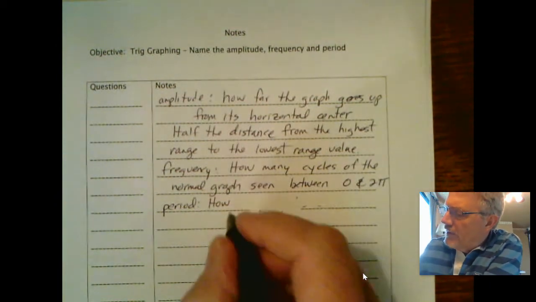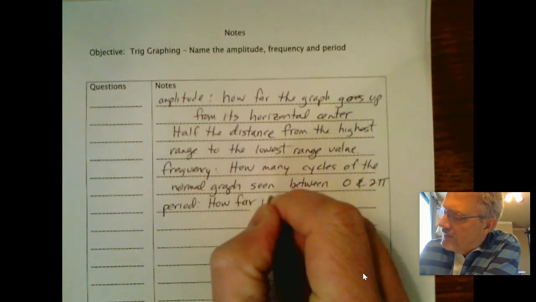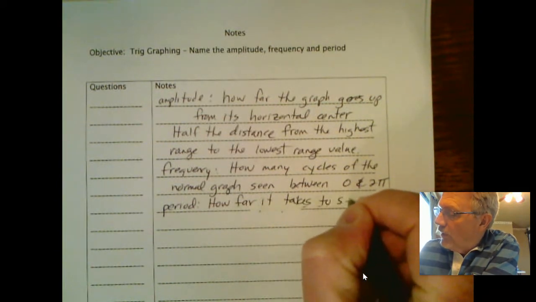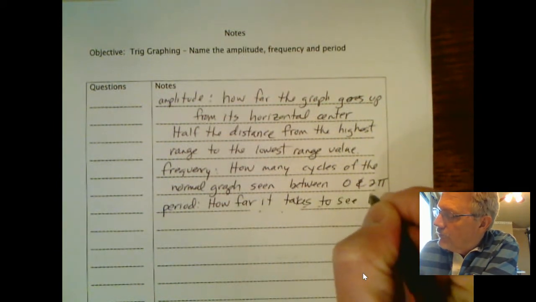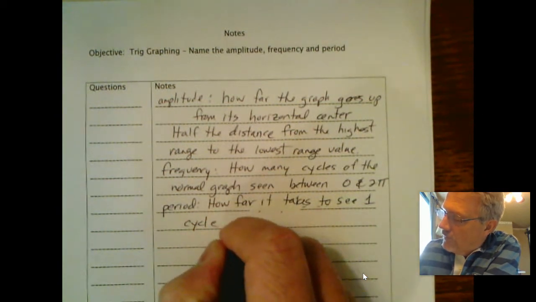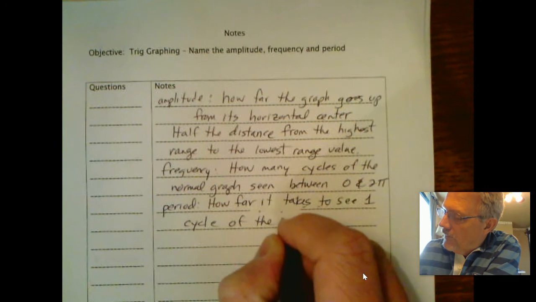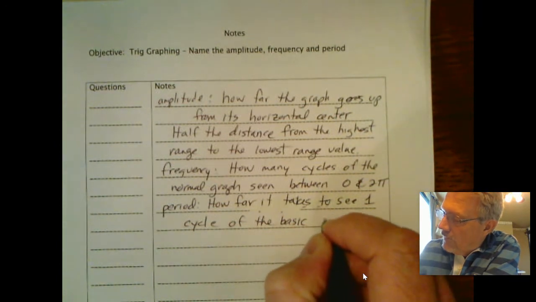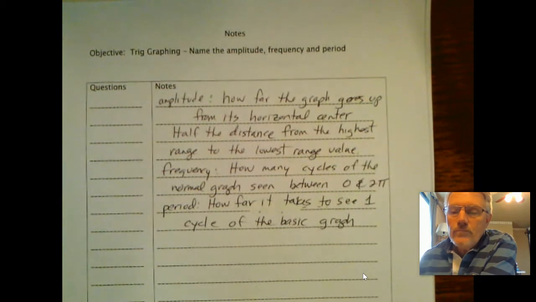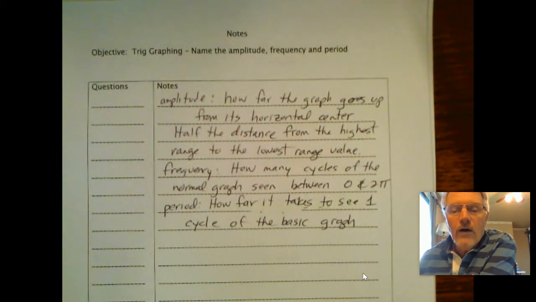Anyway, the period is how far it takes to see one cycle of the basic graph. So how far it takes to see one cycle of the basic graph.